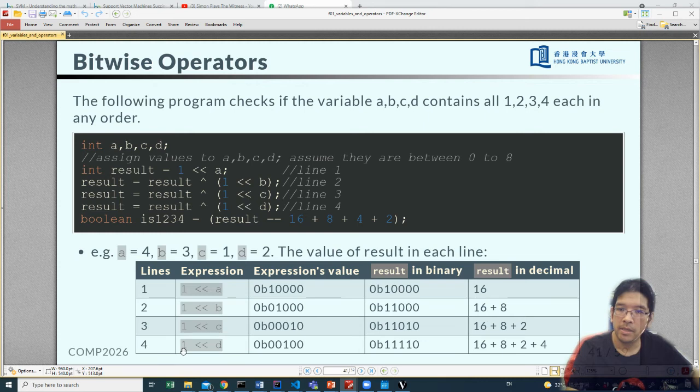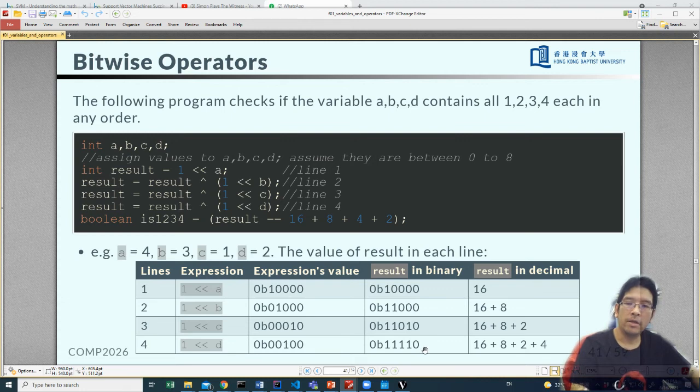The last one, D, will equal 100. Okay, 100. This one, and this one XOR with this one will give us 11110.